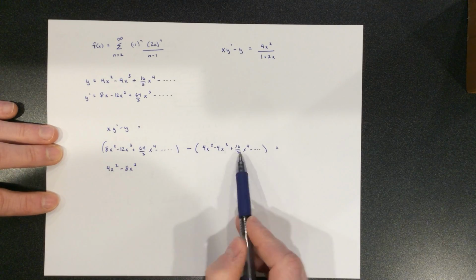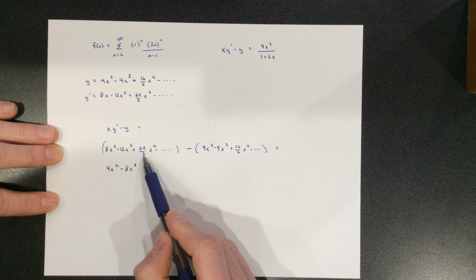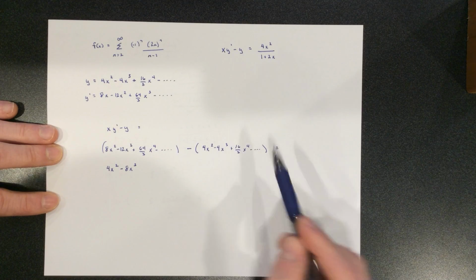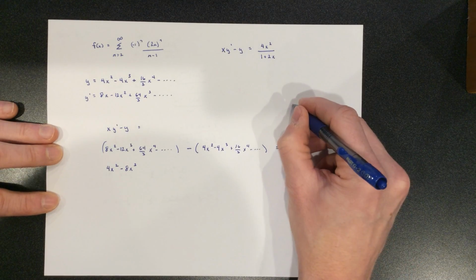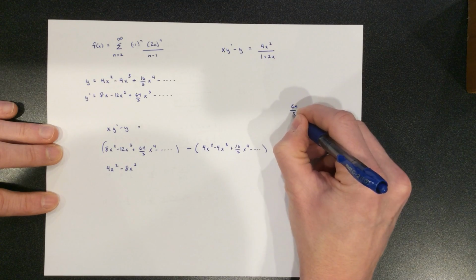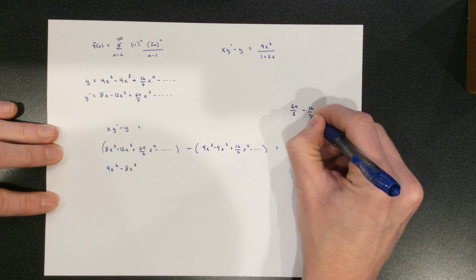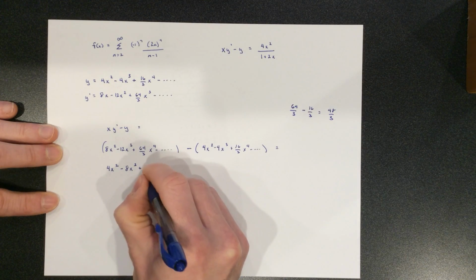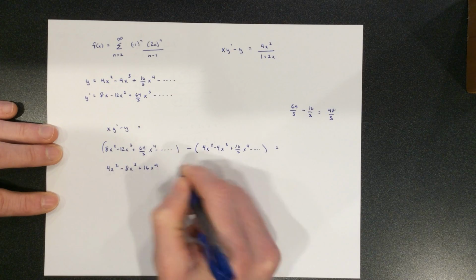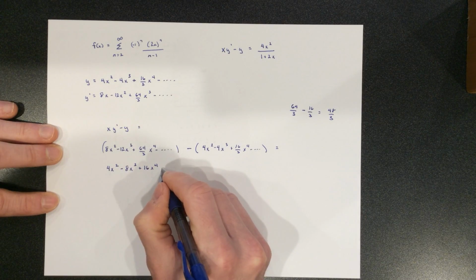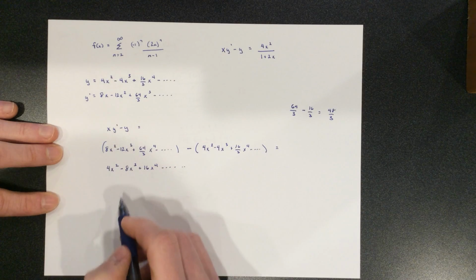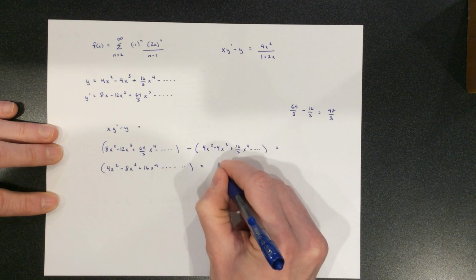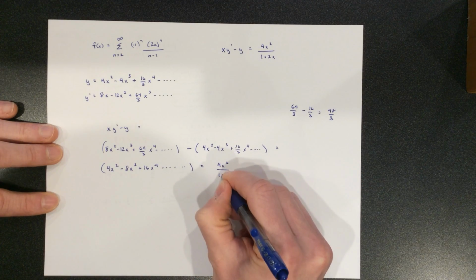I know it looked gross at first, but it'll work out. 64 thirds x to the 4th minus 16 thirds x to the 4th: 64 thirds minus 16 thirds is 48 thirds, which is just 16. So you get 16x to the 4th. And all these other terms are going to combine, but let's not even worry about those. So that's what this is. Right? And our whole goal is to show that this side equals 4x squared over 1 plus 2x.